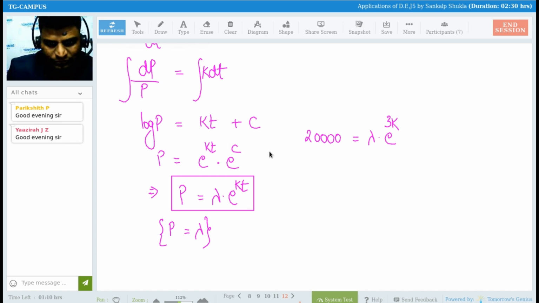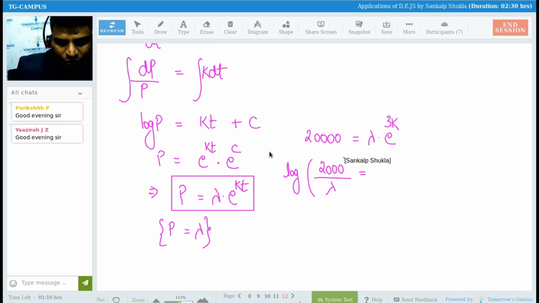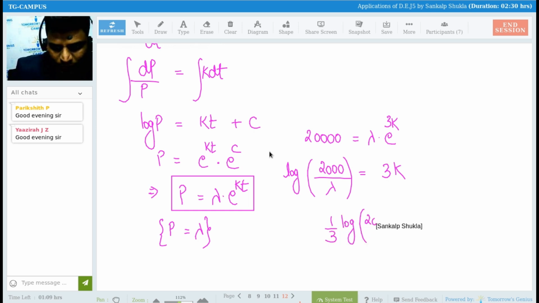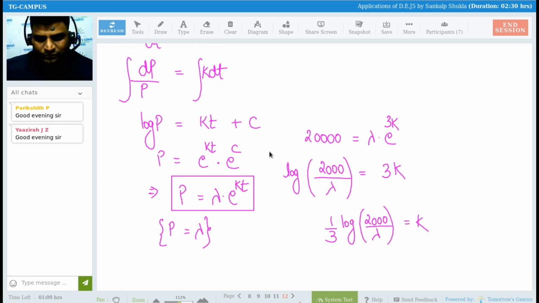So 20,000 by lambda is equals to e raised to the power 3k, log 20,000 by lambda is equals to 3k. So 1 by 3 log 20,000 by lambda is the value of k.